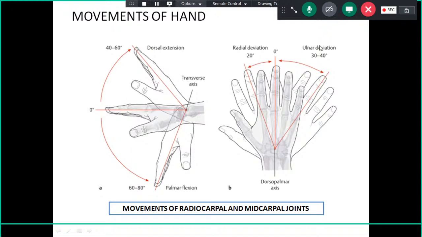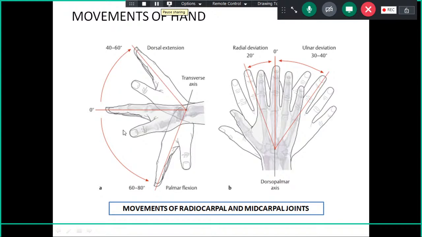Can you try to do that on your own hand? When you extend your hand dorsally, this image is showing the range of various movements. If you do dorsal extension, you are able to extend only 40 to 60 degrees.